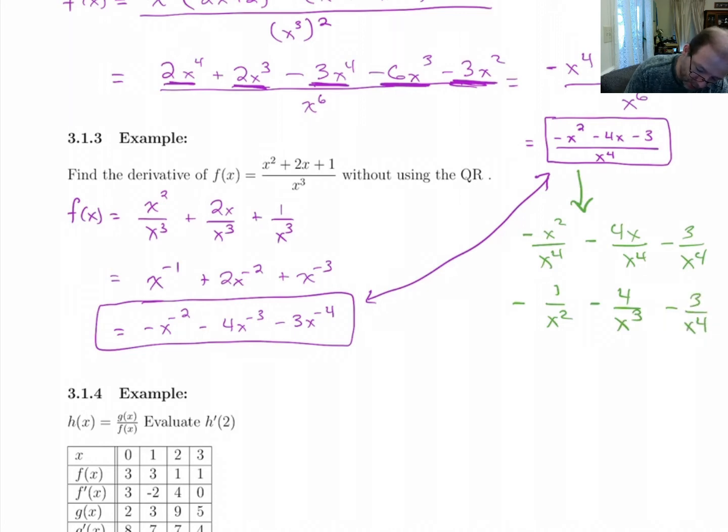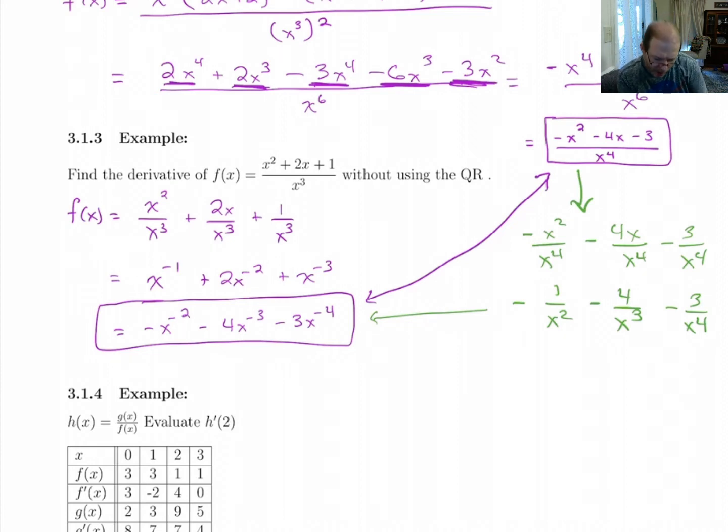And that's the same as what we've got over here, just written with denominators instead of negative exponents. So both ways get you the same answer. Which way is better? It doesn't matter, they're the same. Do whichever one you like.